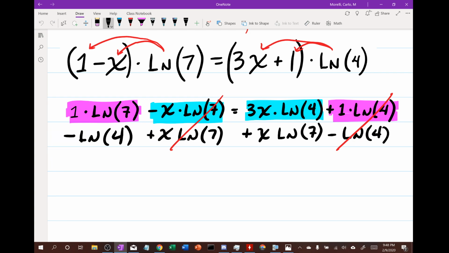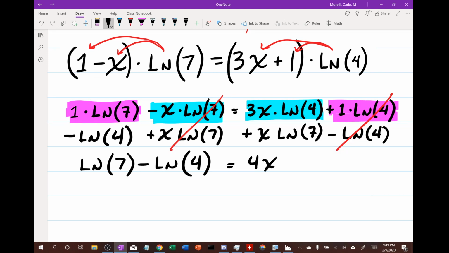Okay, so these cancel and these cancel. All right, so now we have ln of 7 minus ln of 4 equals 4x ln of 7. All right.